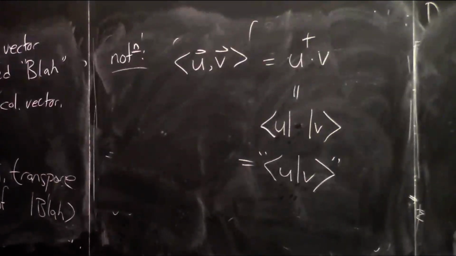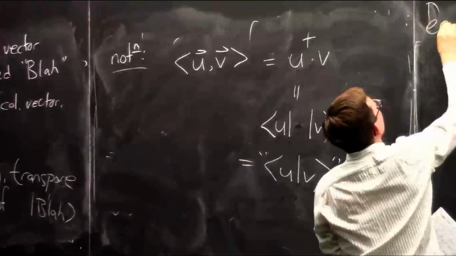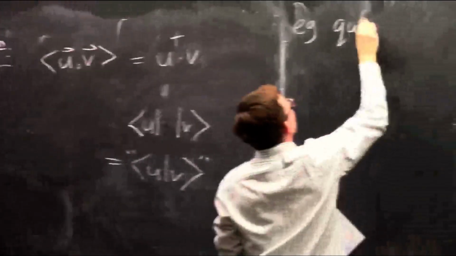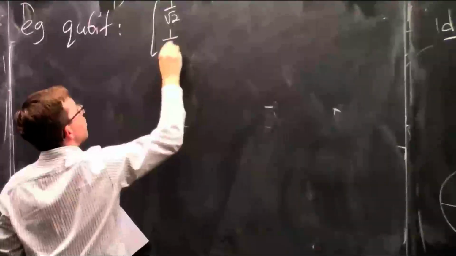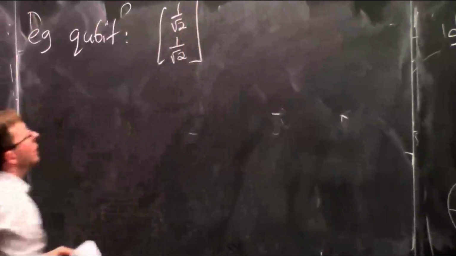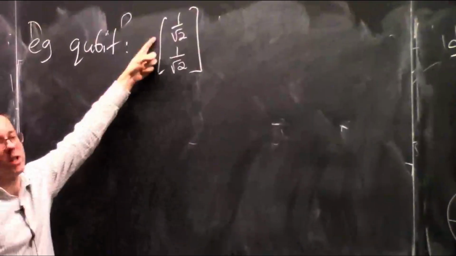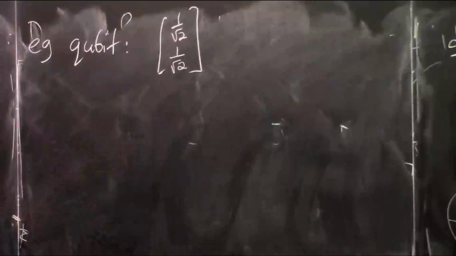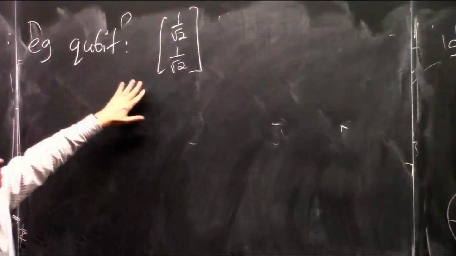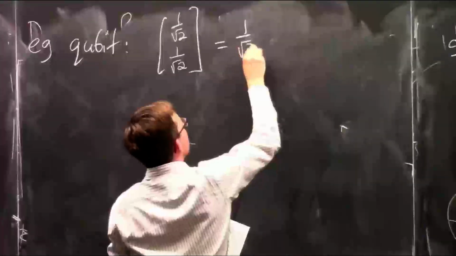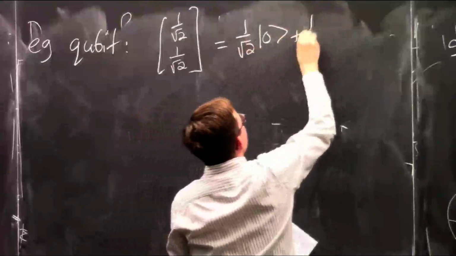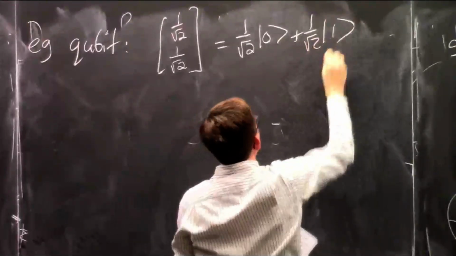But people's third favorite qubit is this one. 1 over root 2 amplitude on 0 and 1 over root 2 amplitude on 1. It's kind of annoying. You can just think of it as 0.7, 0.7. I guess those squares only add up to 0.98, but close enough. Anyway, 1 over root 2, 1 over root 2, which now we also like to write like this: 1 over root 2 times 0 plus 1 over root 2 times 1.